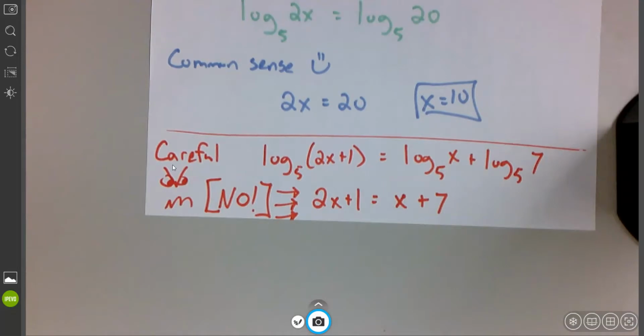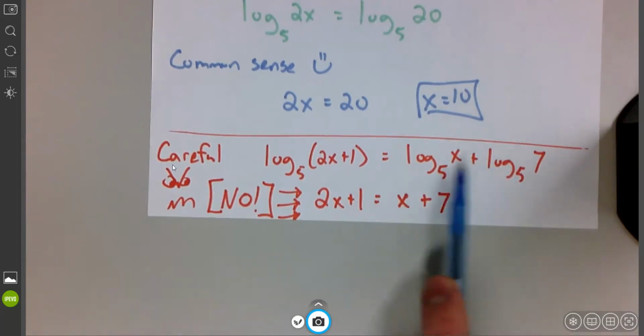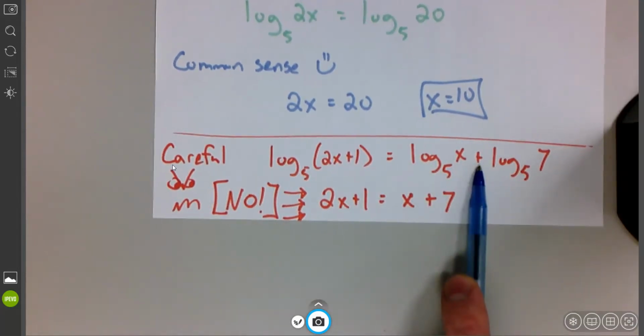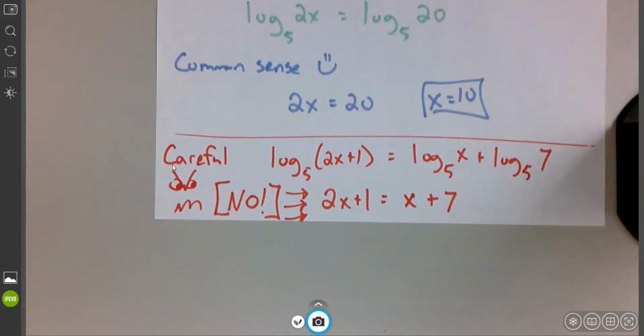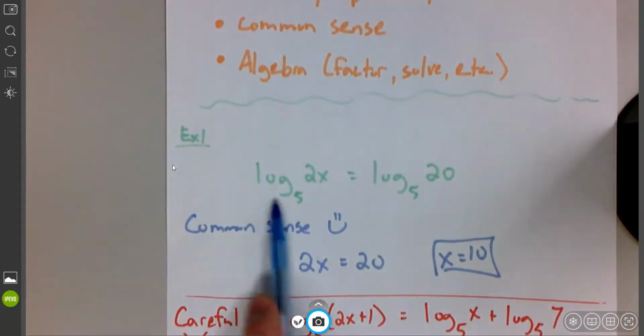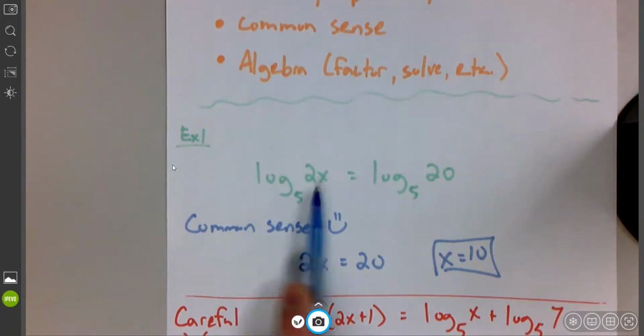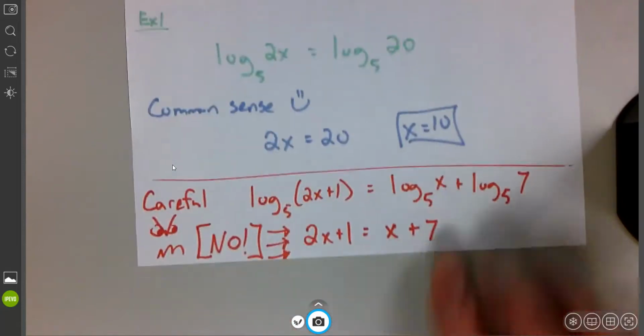But it doesn't work that way. We have 2 logs over here separated with addition, so we could condense these down and then maybe use the logarithm property of equality, but you can't just drop the logs unless it's a single log on this side and a single log on that side with the same base. So just be careful with that.